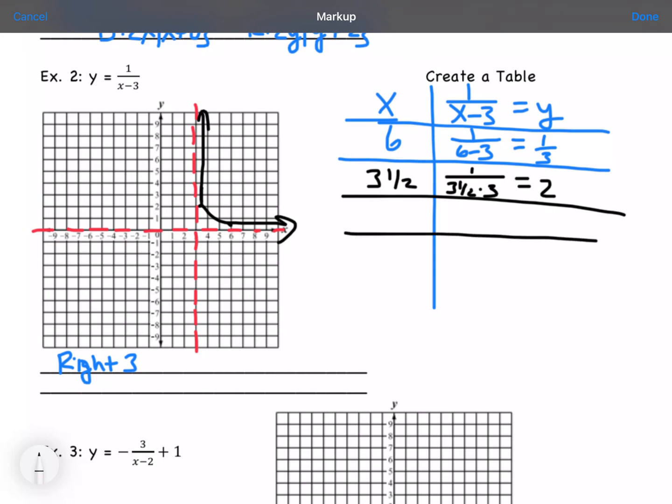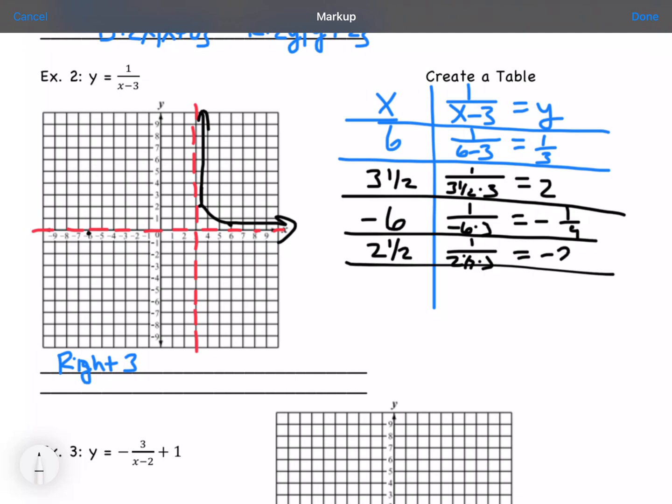So if we picked -6, that's 1 over -6 minus 3, or -1 over 9. So at -6, we're almost right at 0. And then if we said at 2.5, right next to the asymptote, 1 over 2.5 minus 3, that's going to put us at -2.